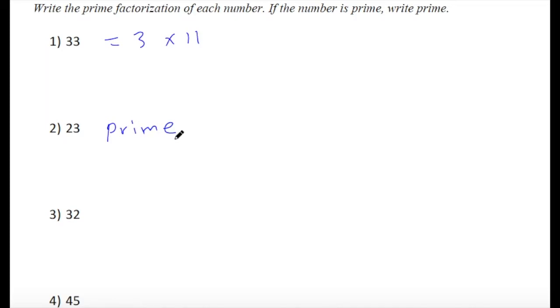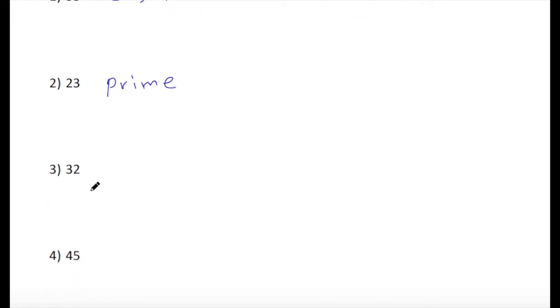For 32, it's an even number, so it can be divisible by 2. So 32 can be written as 2 times 16. 16 is divisible by 2, so it can be written as 2 times 8. 8 is divisible by 2 and can be written as 2 times 4.